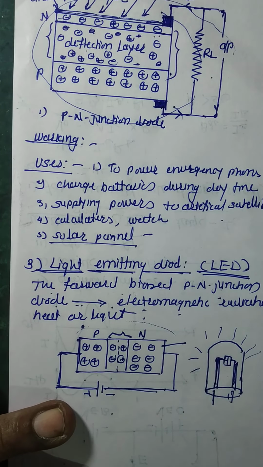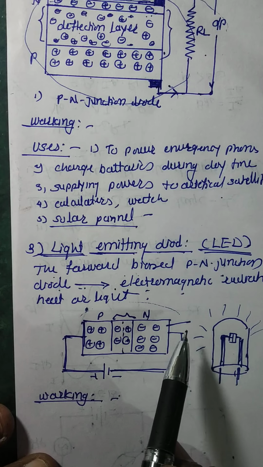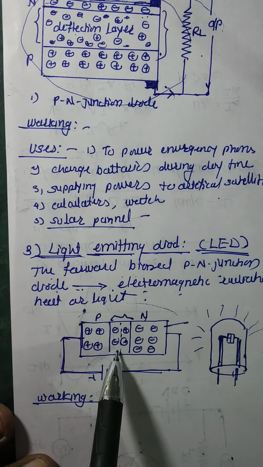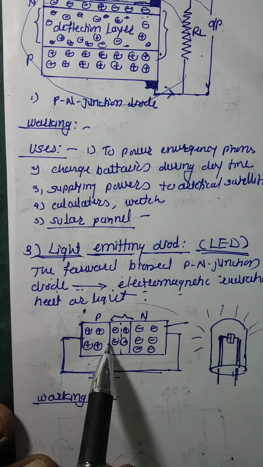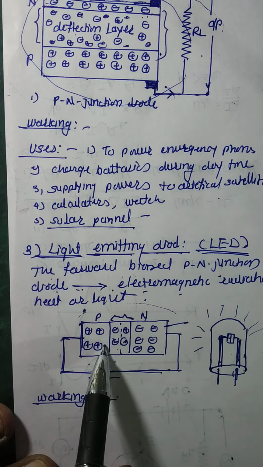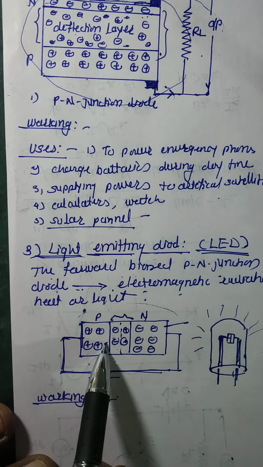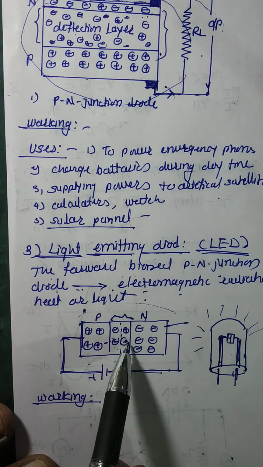In a forward biased PN junction diode, electrons from the N region diffuse into the P region and holes from the P region diffuse into the N region. Most of these recombine in the depletion layer.